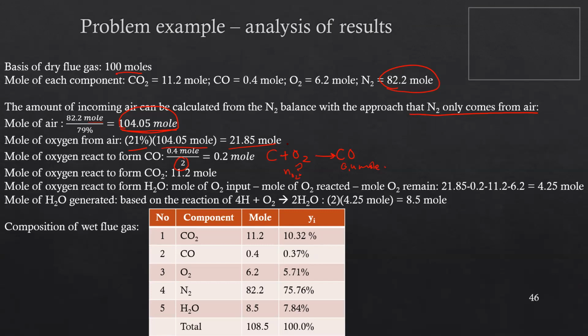Good. The coefficient of oxygen should be half in order to make it stoichiometric: C plus half of the oxygen will create CO. That's why here we divide by 2 in order to get the moles of oxygen reacted with the carbon to generate the carbon monoxide.